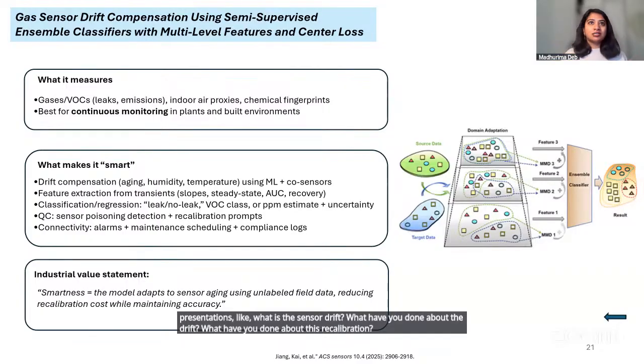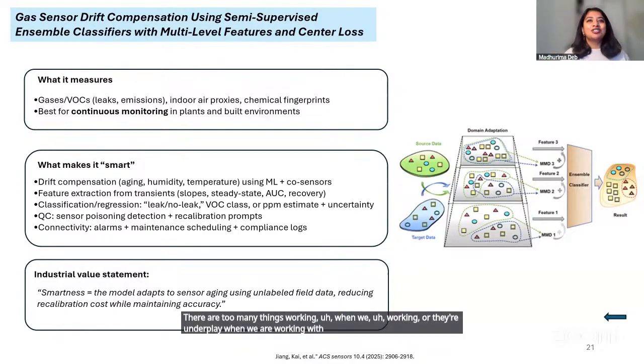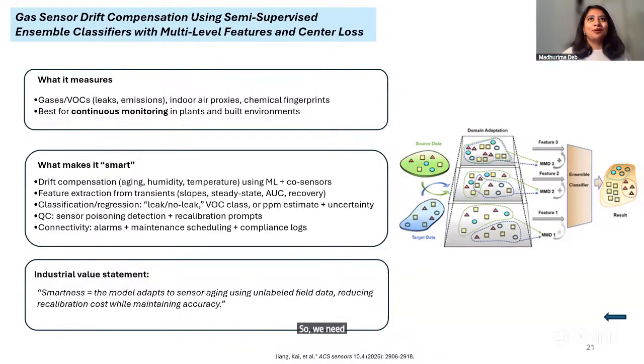So all these questions can be answered, I think, if we take these components into consideration, because there are too many things under play when we are working with sensors. So we need this help.